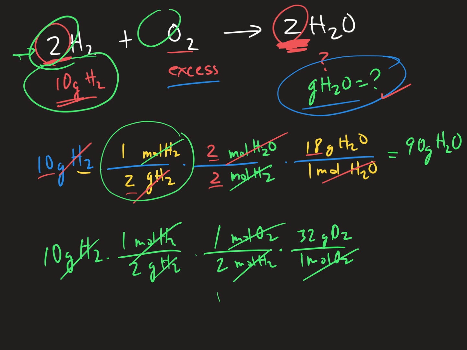I probably could, but I don't want to have to think so hard. So what is it? 80? I don't know, is it 80? 32 times 2.5? You might be right. I just want to double check with something we know. Yeah, it's 80. You're good. 80 grams of oxygen.